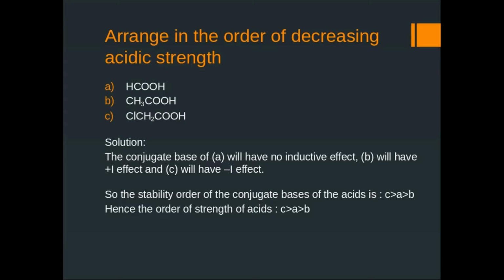Negative charge density is distributed over the entire molecule due to the minus I effect of chlorine, and so there is stability over the entire molecule, as the negative charge is getting maximally distributed over the entire molecule.